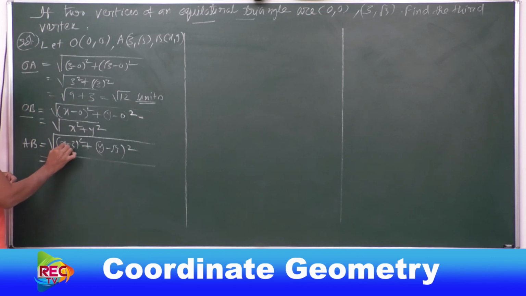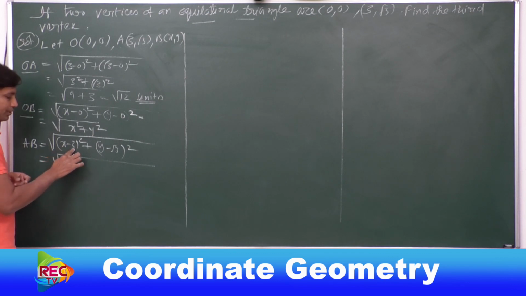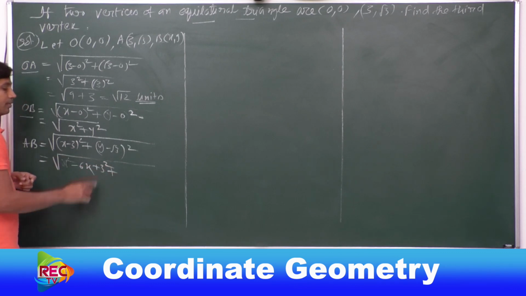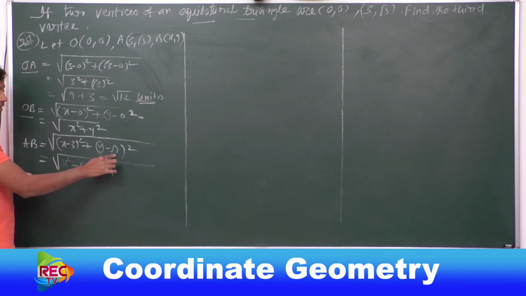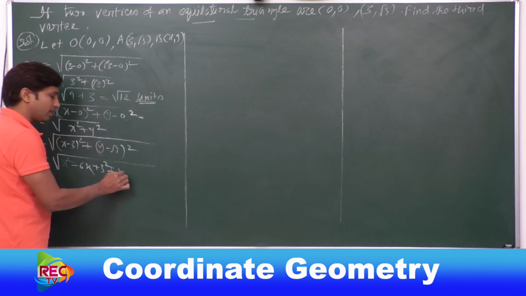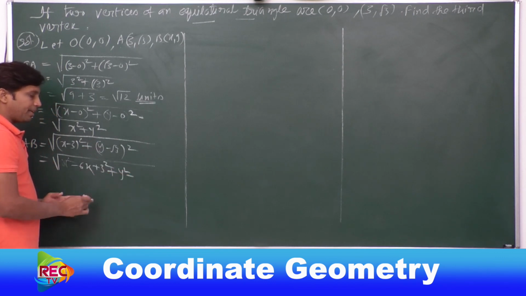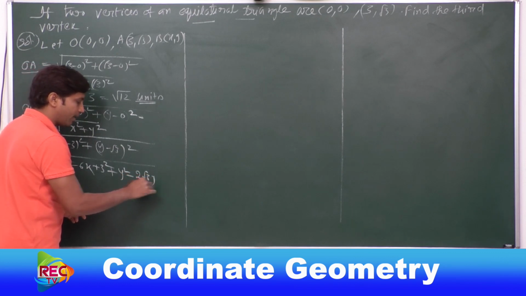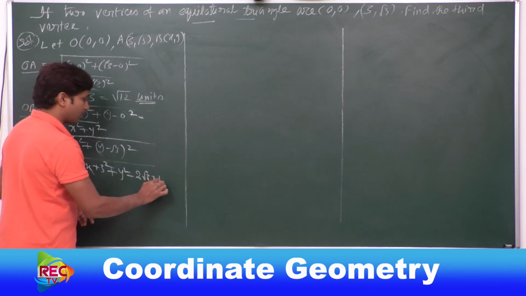This is a square, meaning x square, minus 2ab, meaning minus 2 into x into 3, that is minus 6x, plus 3 square. Next, this is also in the same format, so let us expand this. The a square term would be y square, minus 2ab, minus 2 into y into root 3, so that would be minus 2 root 3 y, plus root 3 whole square.